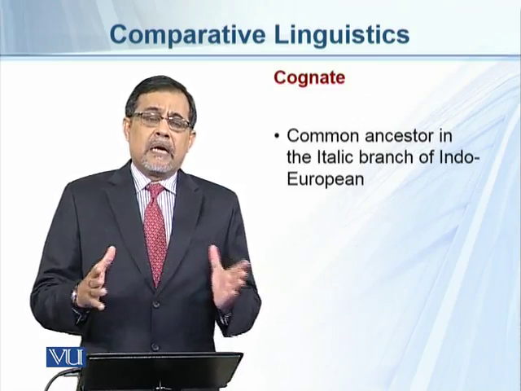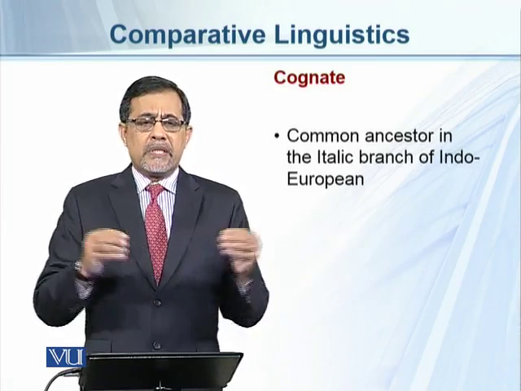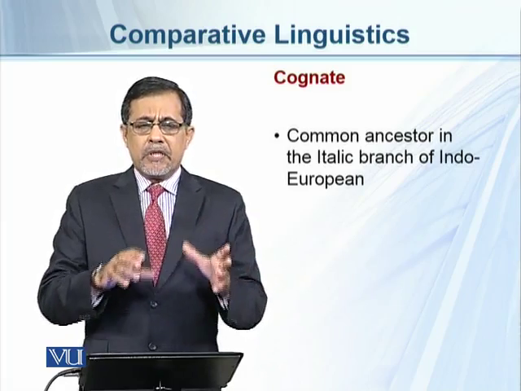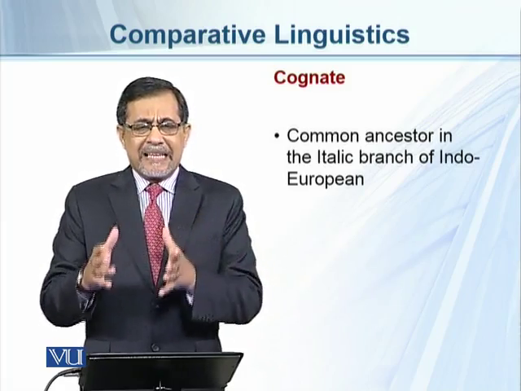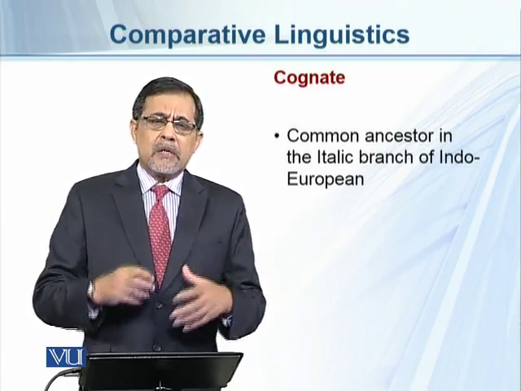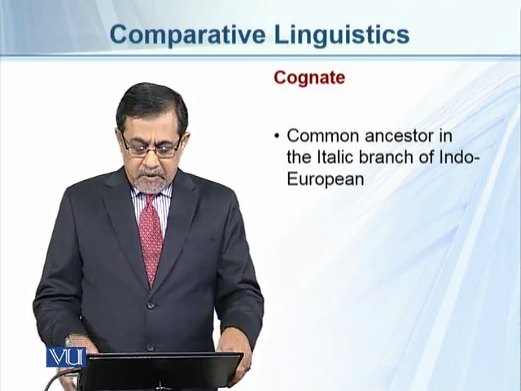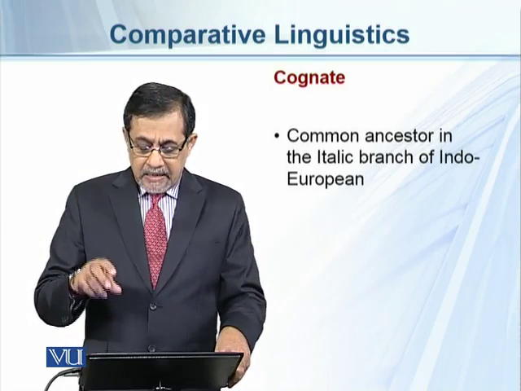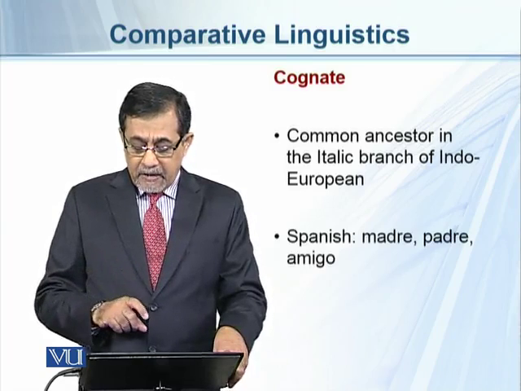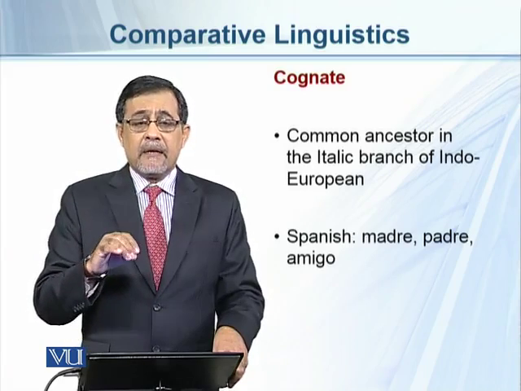Cognate. When we are comparing two languages and we find that two words at the morphological, phonological, syntactic or lexical level are similar or close to each other, we call them cognates. For example, common ancestors in the Italic branch of Indo-European. We take Spanish and find the words madre, padre, amigo: mother, father, and friend.